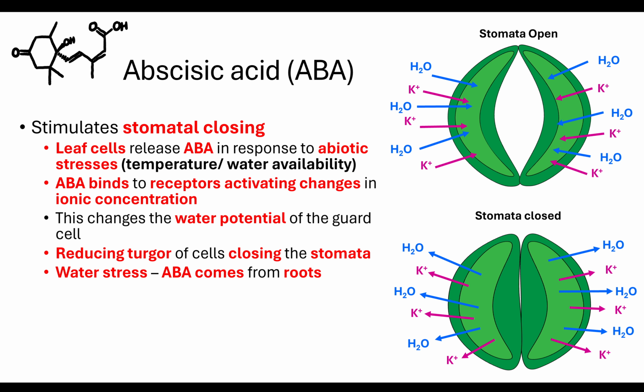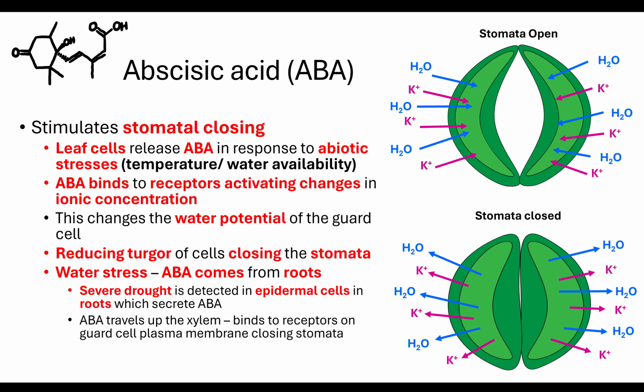So when there is a water shortage, when there is severe drought, and this is detected by those epidermal cells in the root, they will secrete ABA. And that ABA will then travel up the xylem and be able to then bind to receptors on those guard cells, closing those stomata, ensuring that the water is not lost by transpiration.